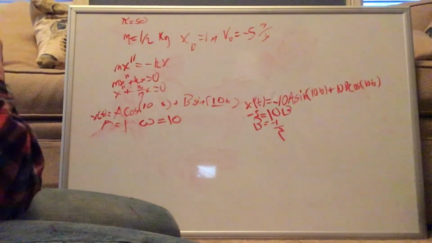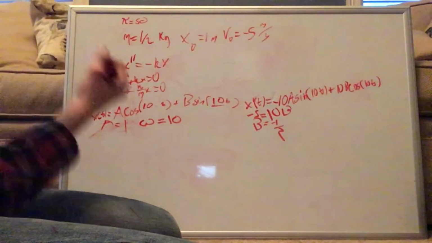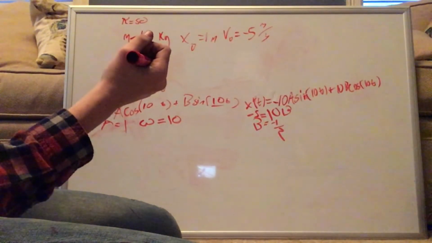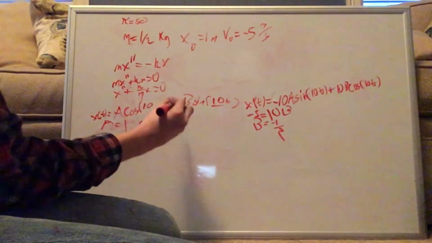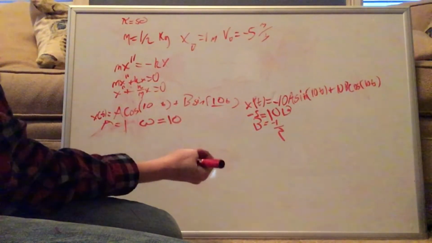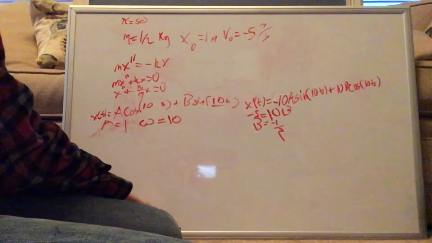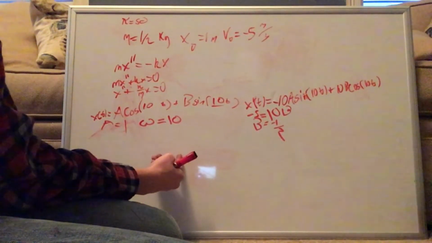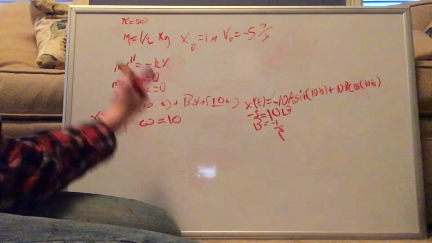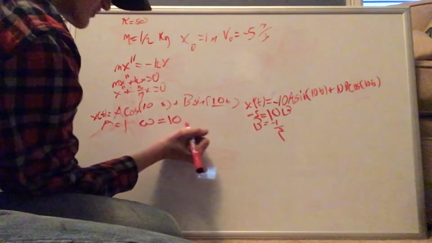And from that, we can figure out the actual frequency and actual period. So, the period, let's think here. This is 10 radians per second, and the period is how many seconds it takes, right? So it's 2 pi radians to go around once, and this is 10 radians per second, so 2 pi divided by 10.